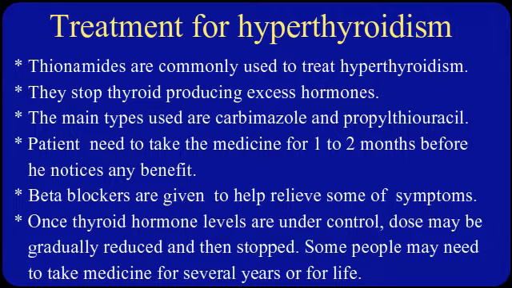Sometimes beta blockers are given to help relieve some of the symptoms associated with hypertension. Once thyroid hormone levels are under control, the dose may be gradually reduced and then stopped. However, some people may need to take the medicine for several years or even for life.